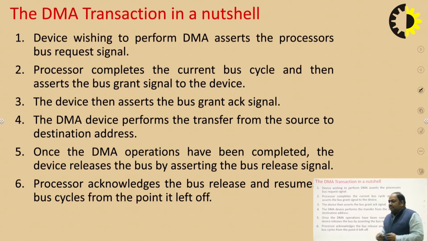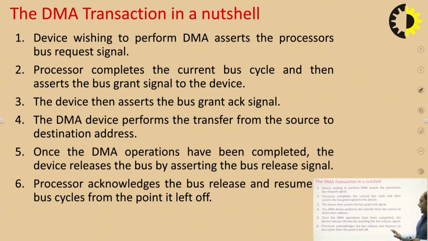It means we are assigning the address and loading the data on the data bus. The device then asserts the bus grant signal. The DMA performs the transfer from the source to the destination address. Once the DMA operation is completed, the device releases the bus by asserting the bus release signal, meaning the DMA gives the signal that we are now releasing the bus, so other data can be loaded.